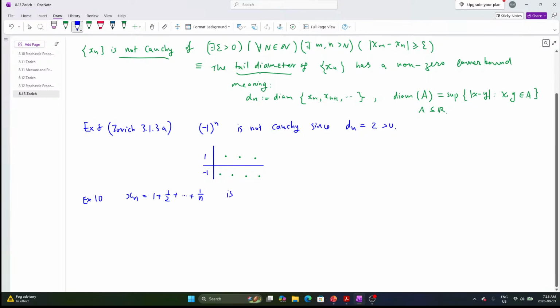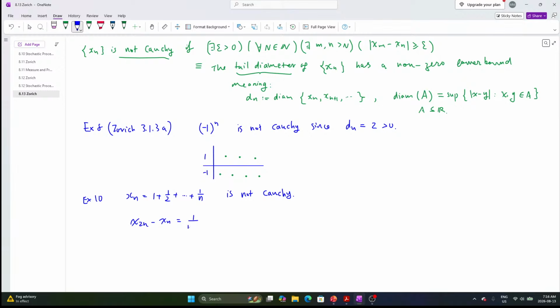How do you show this is not Cauchy? Well, we just need to show it has a non-vanishing tail diameter, of course, a tail diameter with a non-zero lower bound. Okay, so let's do that. A classic way to prove it is to consider x2n minus xn. These are the extra terms included in x2n but not in xn.